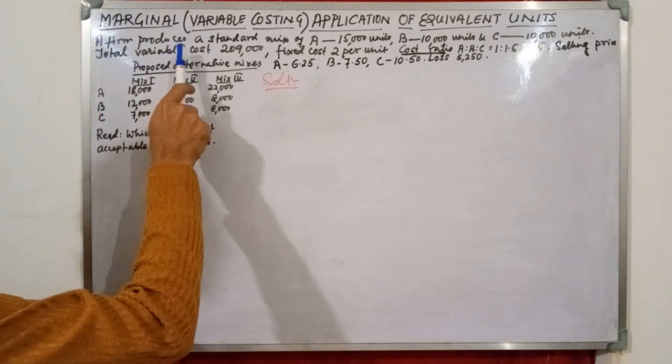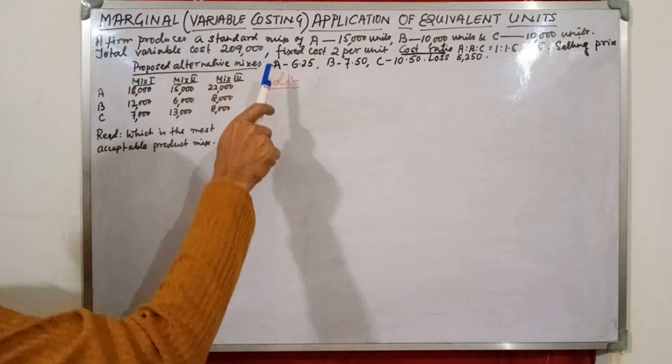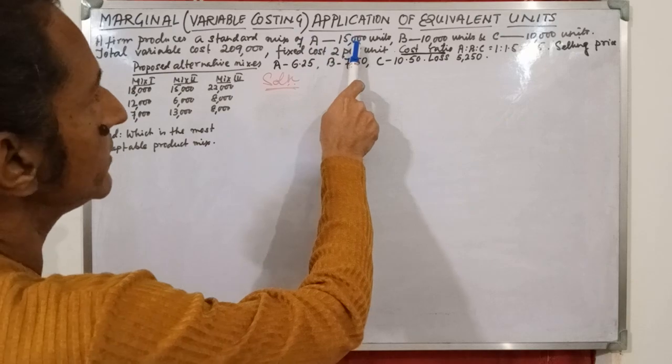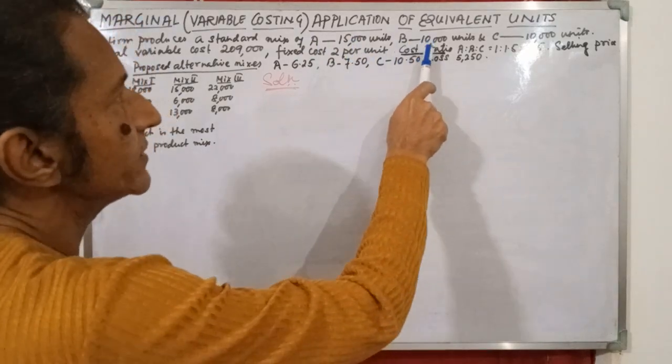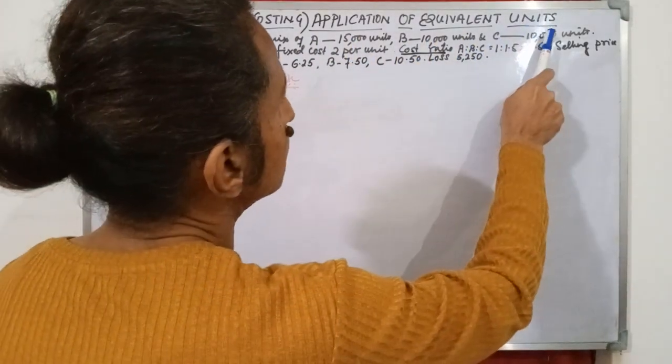A firm produces a standard mix of A 15,000 units, B 10,000 units and C 10,000 units.